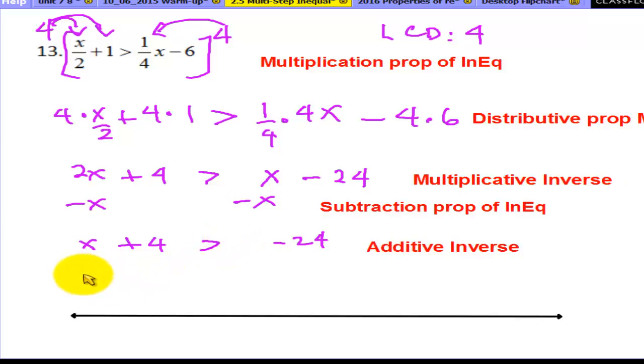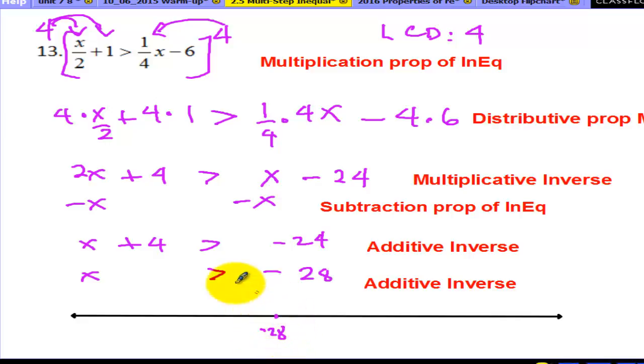And finally, subtract 4 to both sides. We'll get -28. So if I will not show the subtraction property here, then the step that I'm going to use now will be additive inverse. Again, we skip the subtraction, so we just cancel the 4 here by subtracting 4 both sides, so we have -28. So if this one is your -28, it says greater than -28.